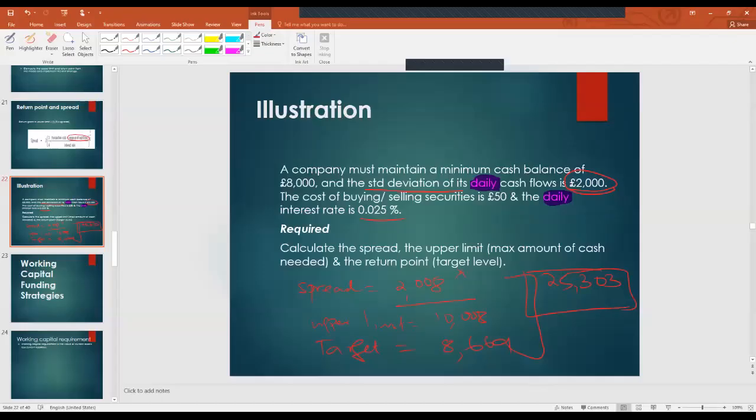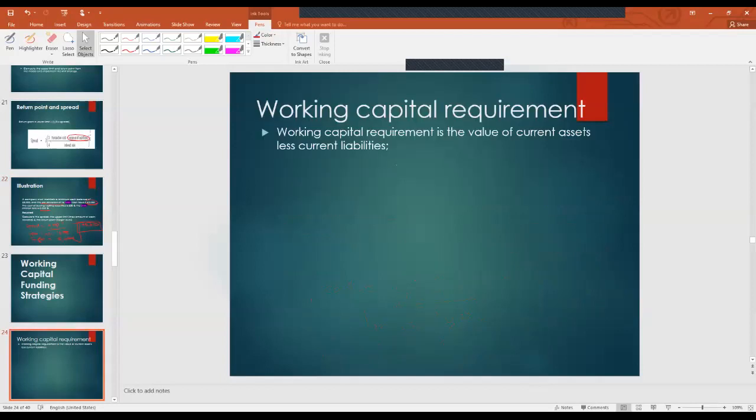Have we done that? No, we haven't. Okay, if we have not done that, then maybe that is the next thing that we can discuss together: how to forecast the working capital requirement.